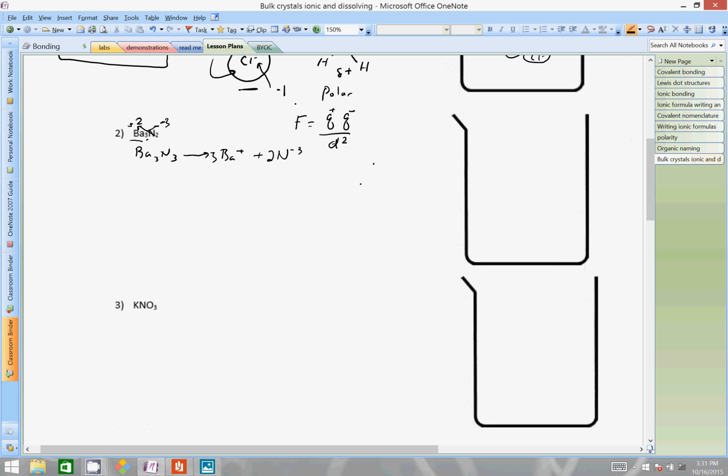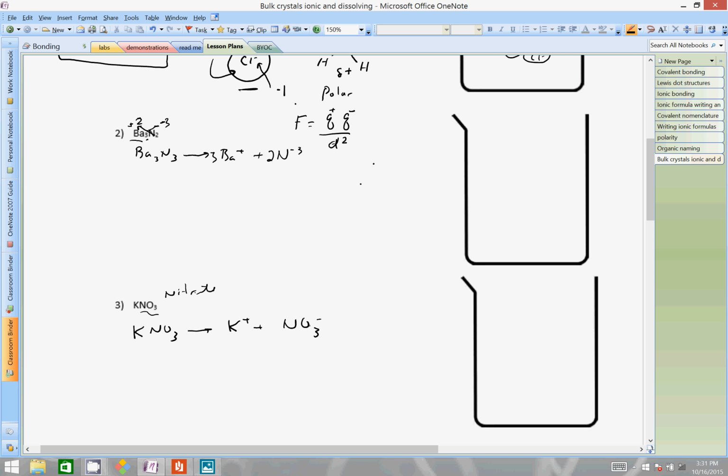The last one I'm going to finish up here is this nitrate. So that's a family. At this point, KNO3 goes to potassium plus a nitrate, NO3 minus. Now, you could simply draw that out.